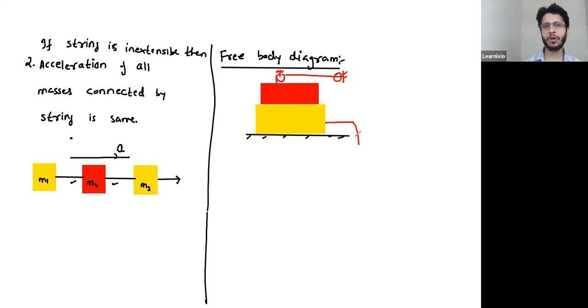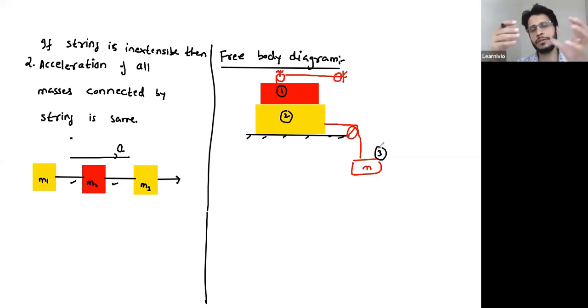You can have another block which is connected through. So you can have multiple blocks, multiple pulleys. To solve this system, there are two ways. Either solve the system by considering all masses at once, or you can solve the system by taking one mass at a time. Like if in this system I have mass number 1, mass number 2, and mass number 3.